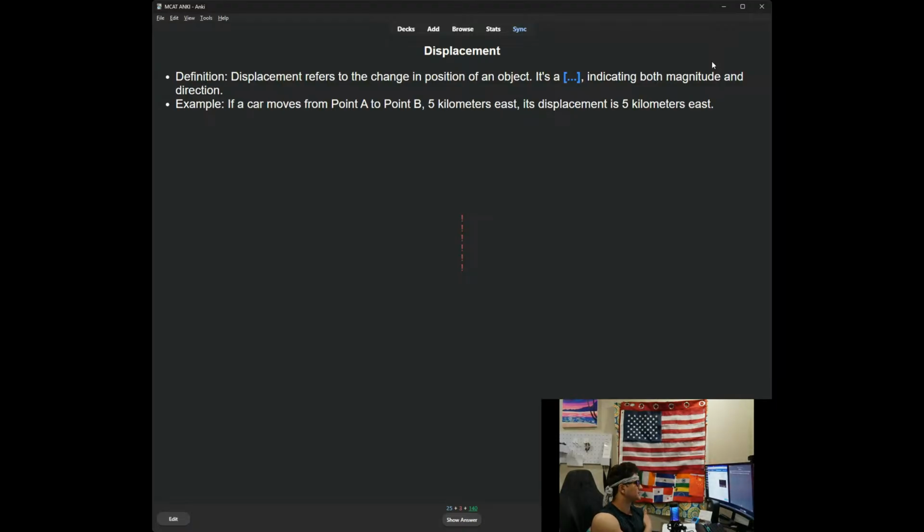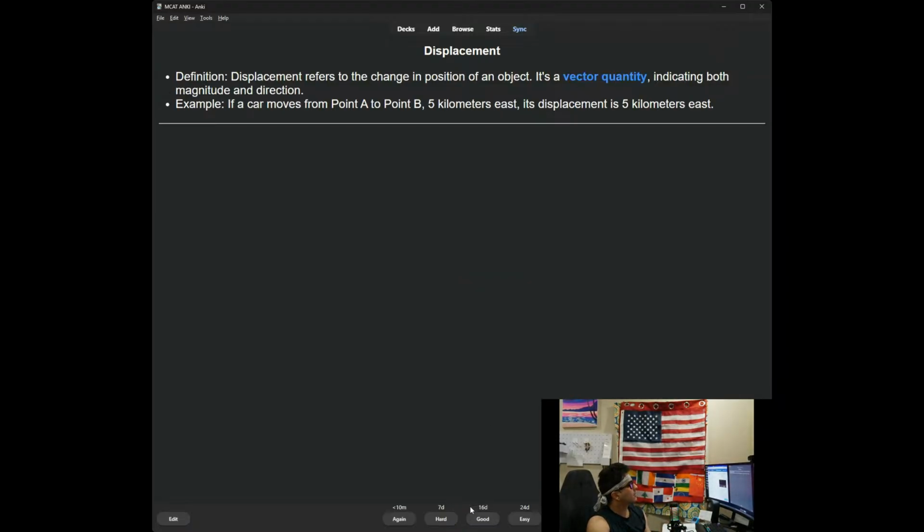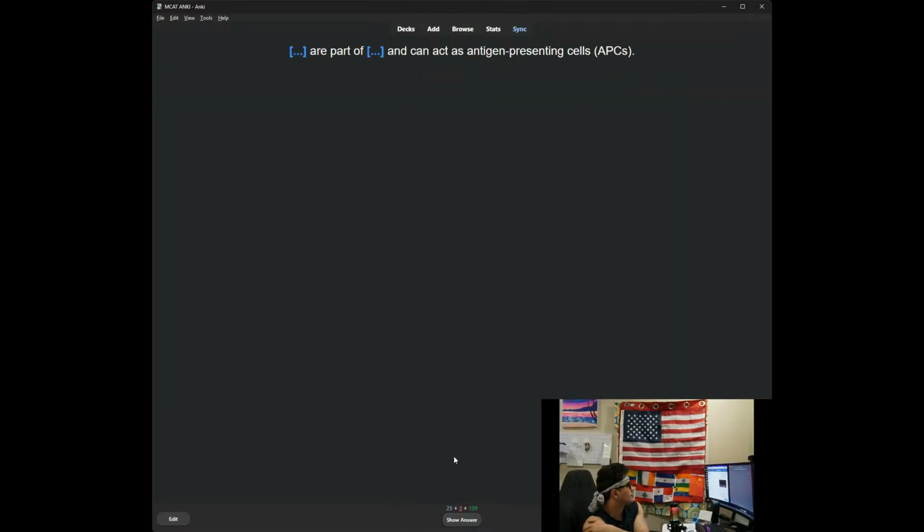It's a vector quantity. B cells are probably more about immunity.